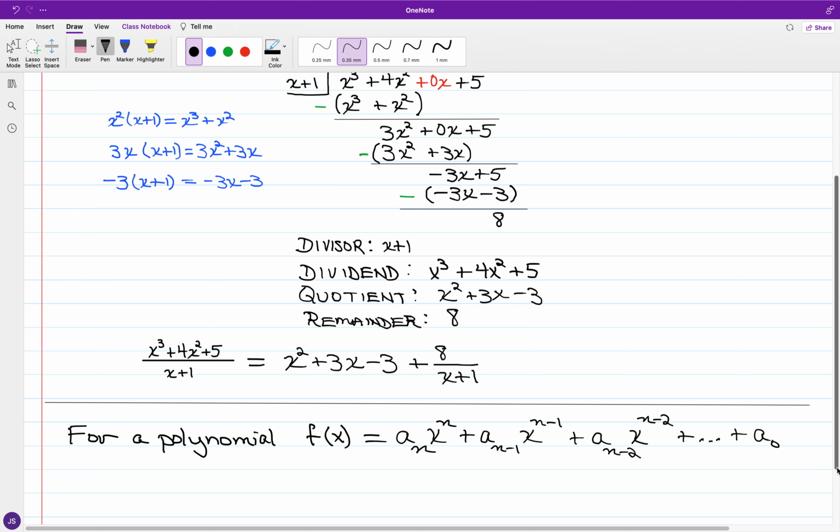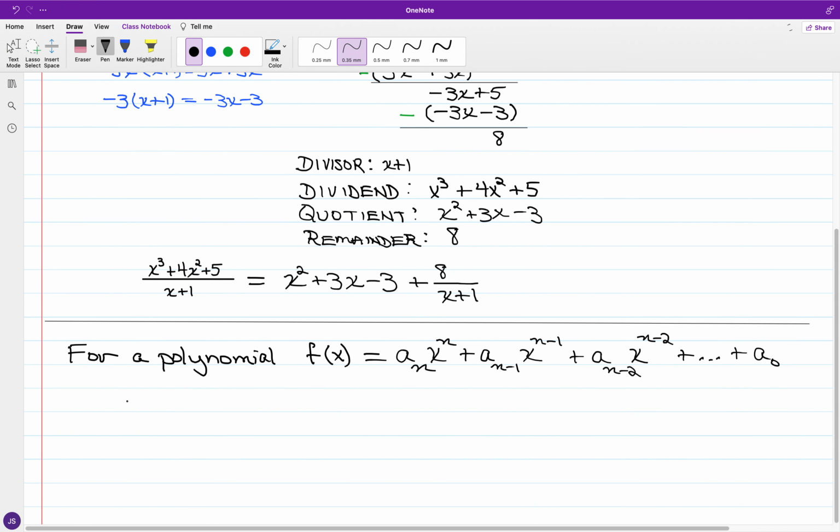So you have a polynomial of this type, and it is to be divided by a first order binomial in the form of x minus c.